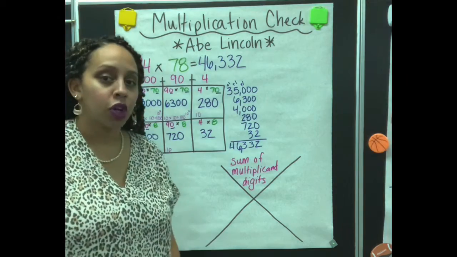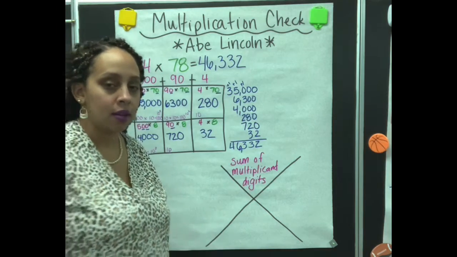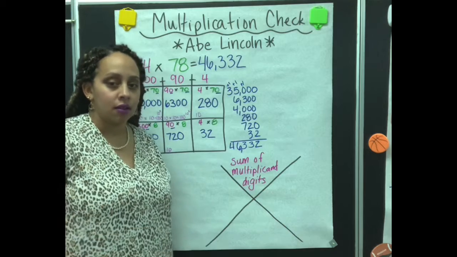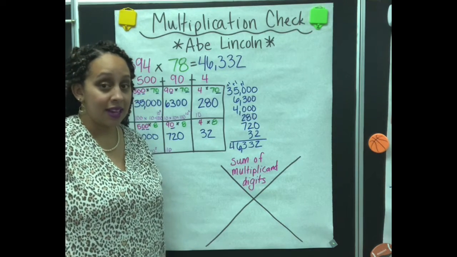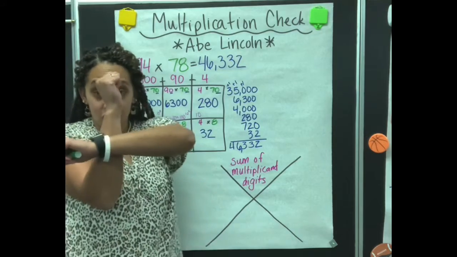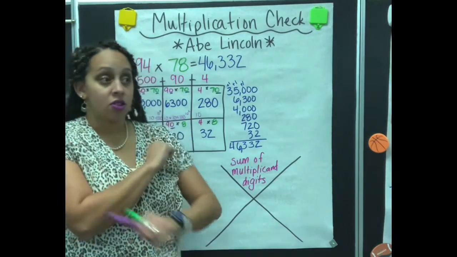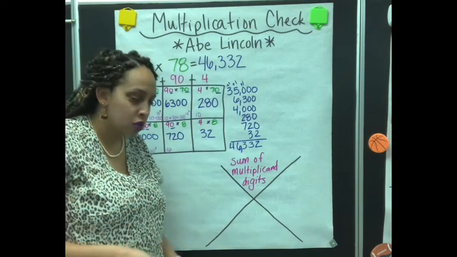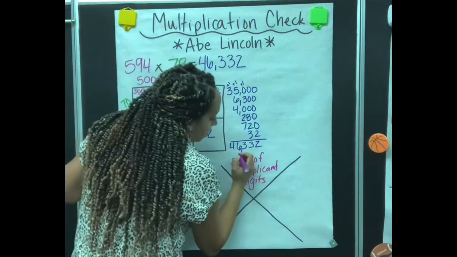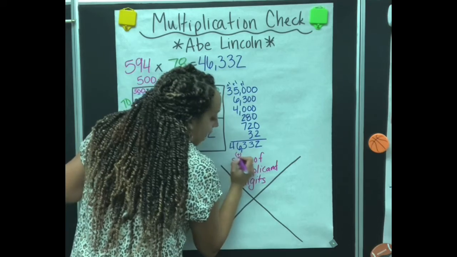What does the word sum mean? It is for an addition problem, right? So if we're going to do sums, we know that we're going to add. So these are some things we should be paying attention to. This is going to mean add.